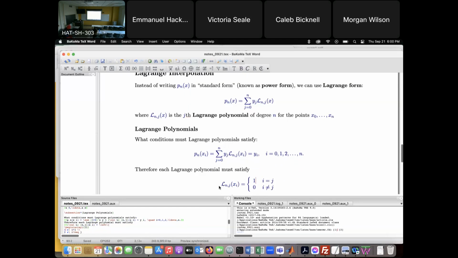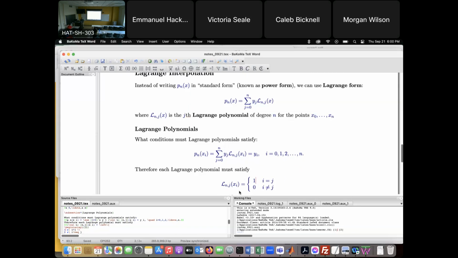So that's why I index Lagrange polynomials, but okay, n is the degree. We're looking for an nth degree polynomial. And then this second index here indexes all Lagrange polynomials from 0 to n. So each Lagrange polynomial is associated with one of the x values. At its own x value, it must be 1.